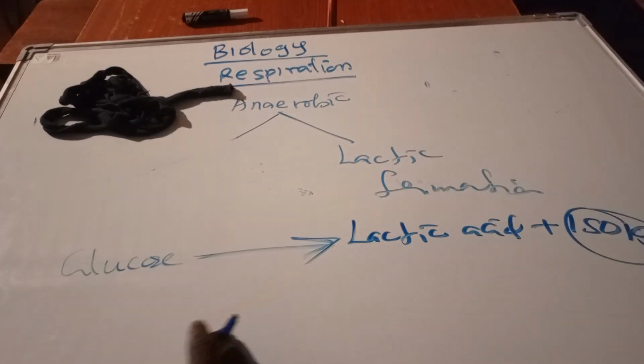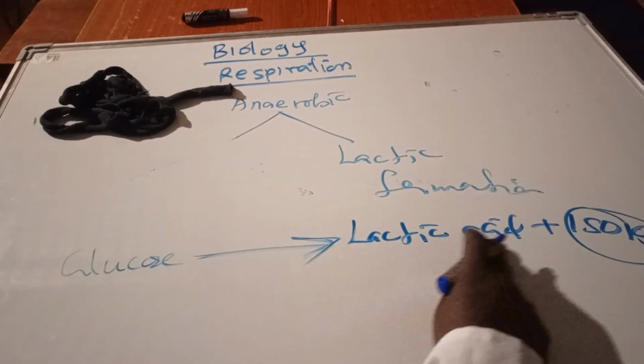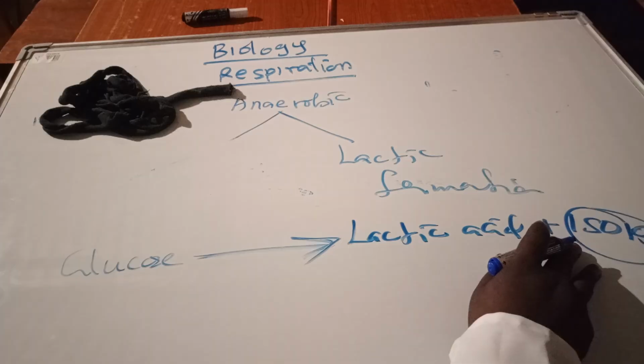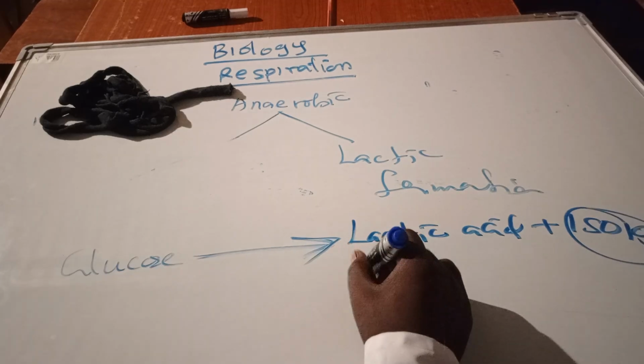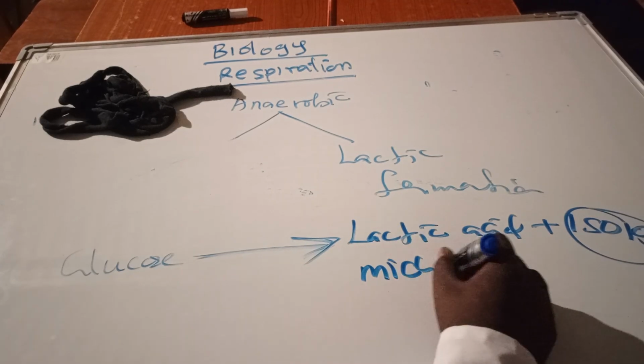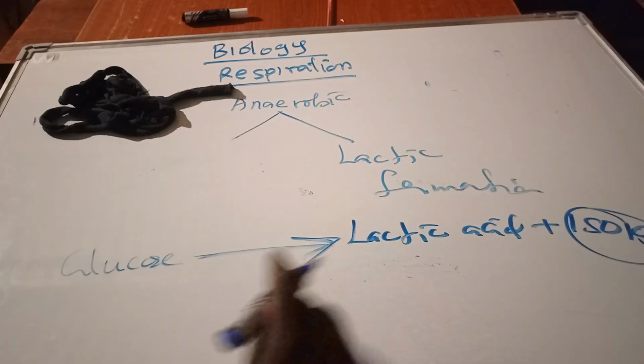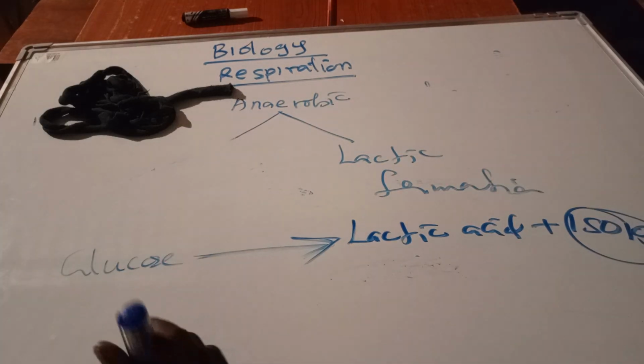So the only product produced here is lactic acid and a small amount of energy. So where does this one take place? In the muscle cell, specifically in the mitochondria. So this one takes place in the mitochondria in the body of a living organism.